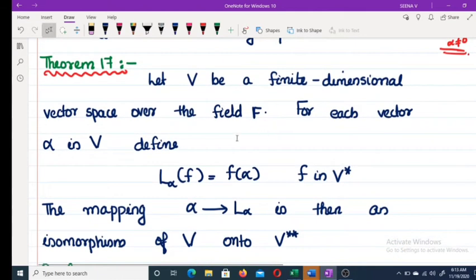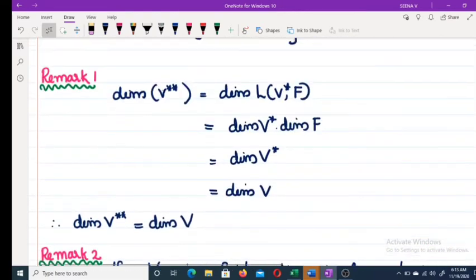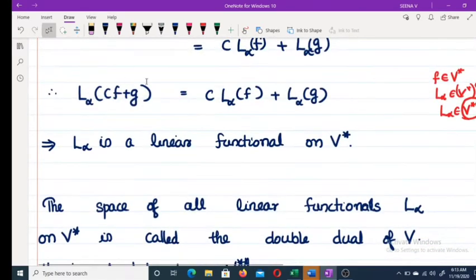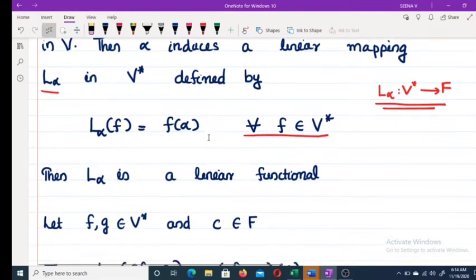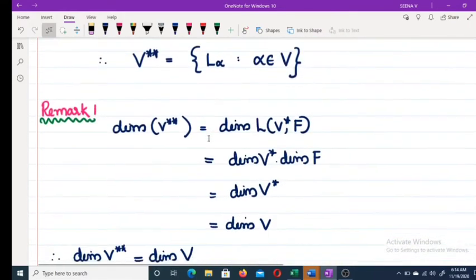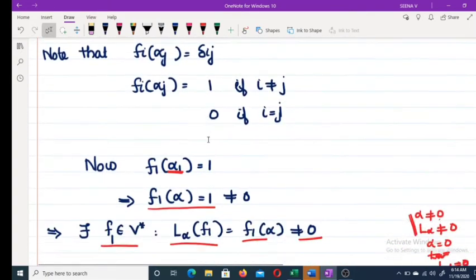We already defined L alpha of f equal to f of alpha for each alpha belonging to V, and this map L alpha is a linear functional.